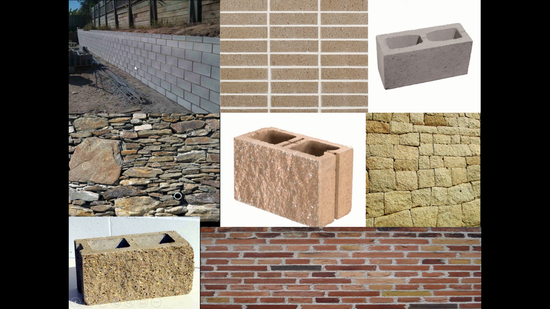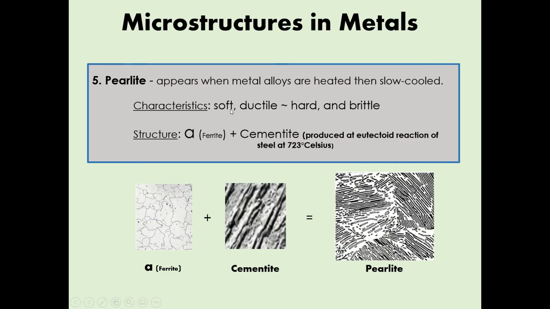There are different kinds of configurations of block arrangements for walls, and they have different advantages and disadvantages. The way that we arrange them greatly determines the strength of the structure. And it's the same thing here in metals.